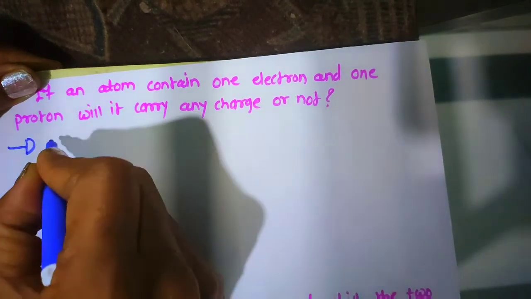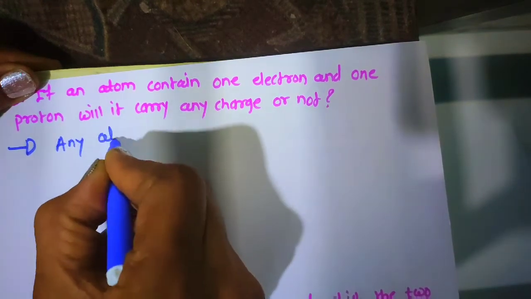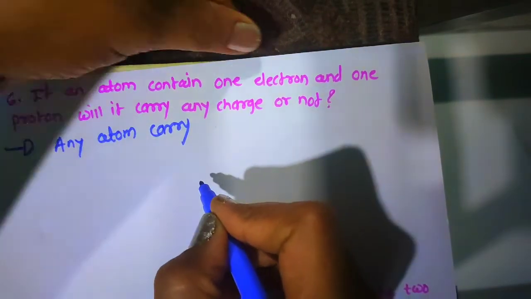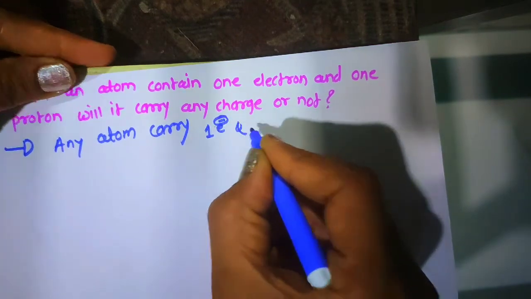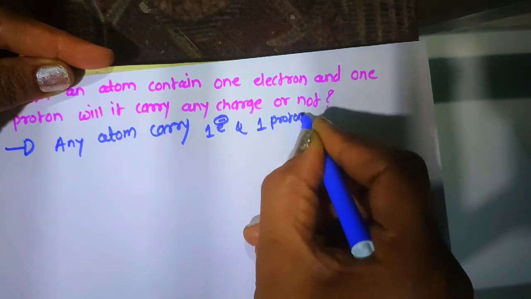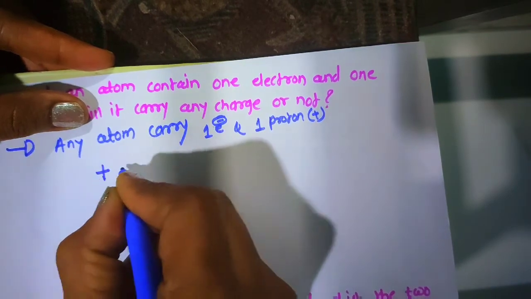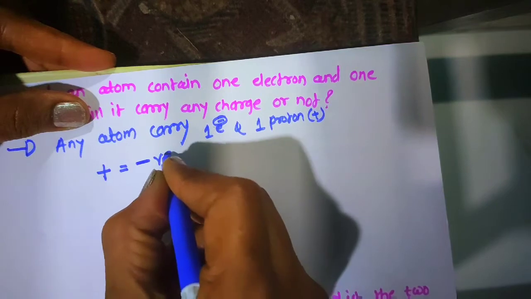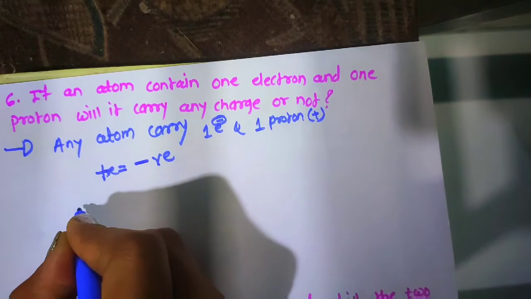When an atom carries 1 electron and 1 proton, the positive charge will be neutralized by this negative charge.